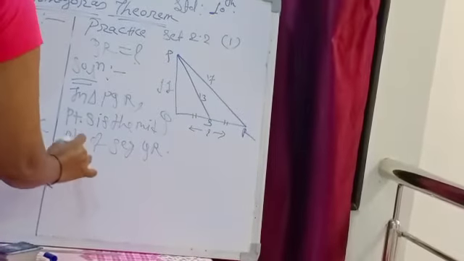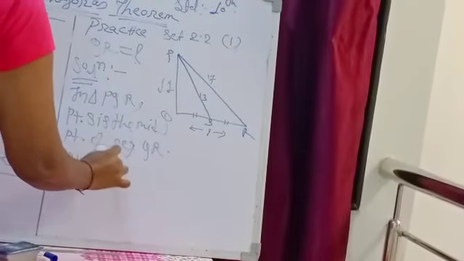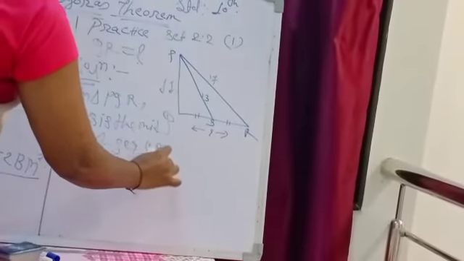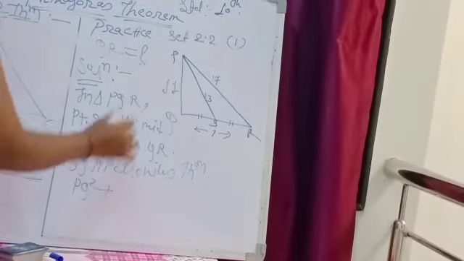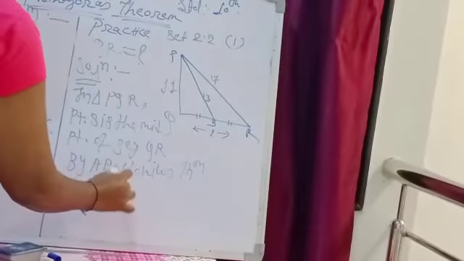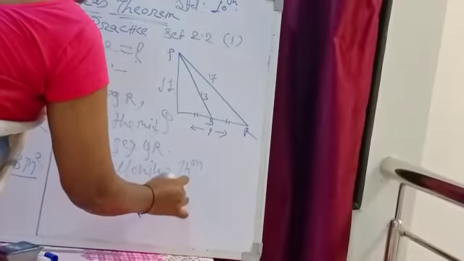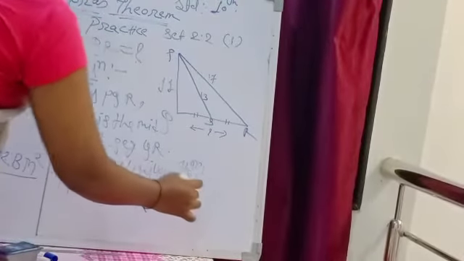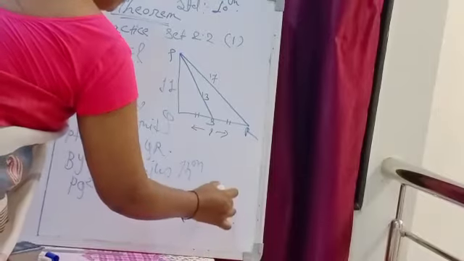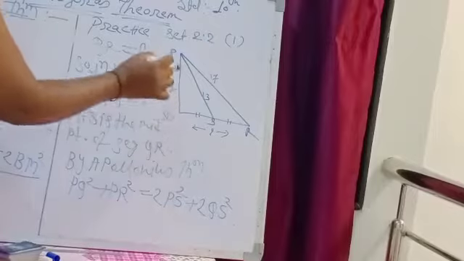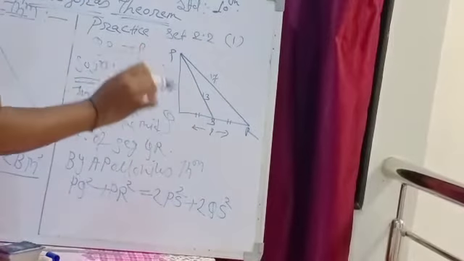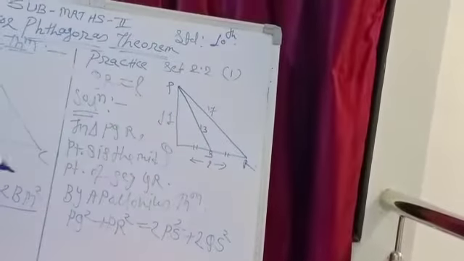Then by Apollonius theorem, PQ square plus PR square is equal to twice PS square plus twice QS square.